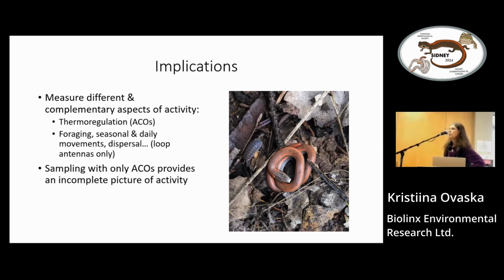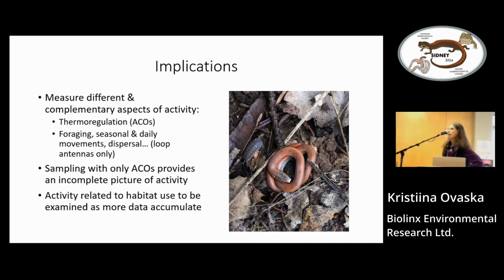So if we only use ACOs, we get an incomplete picture of the activity and habitat use. And once we get more detections, which we hope to do in the near future, we can start relating activity to habitat use and examine this in more detail, break it down more.